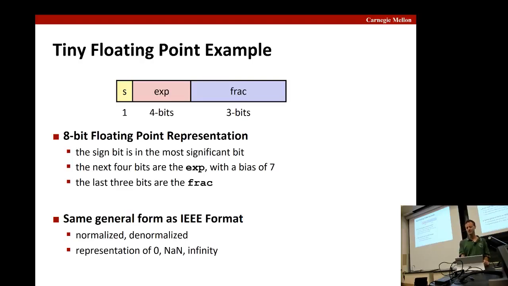Based on the size of that EXP, and the fact that the bias is 2 to the number of bits minus 1, minus 1, you end up with 7. But everything else is going to be the same as what we talked about. There's going to be the notion of normalized, denormalized, 0, not a number, and infinity.